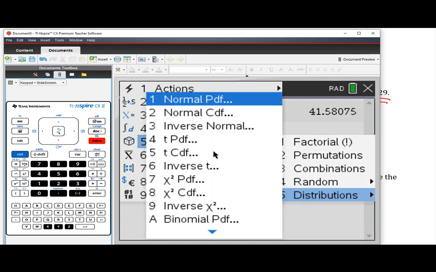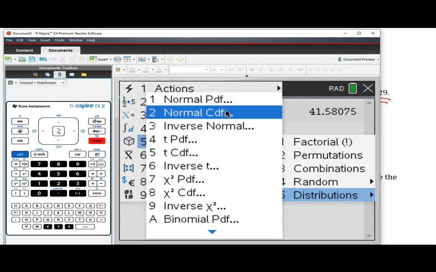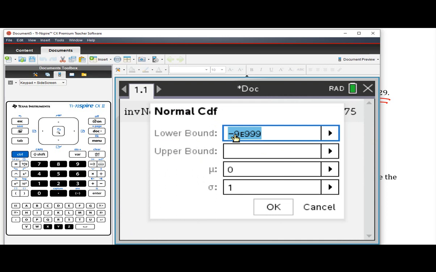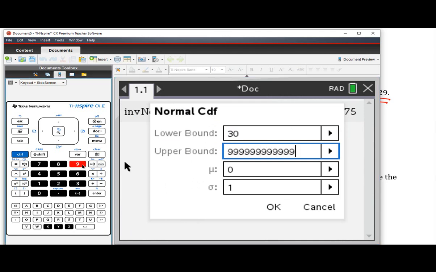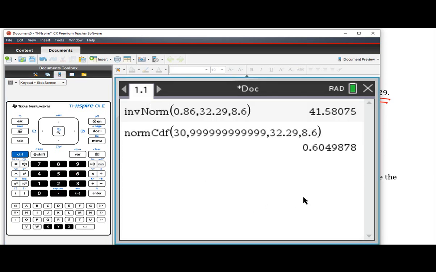Probability distribution, normal CDF, because it's an inequality. We want to know when it's greater than 30, so our lower bound is going to be 30, and for our upper bound, we're just going to put a bunch of 9s. Then our mean was 32.29, and our standard deviation was 8.6. Input all this, click OK, and we get 0.605.